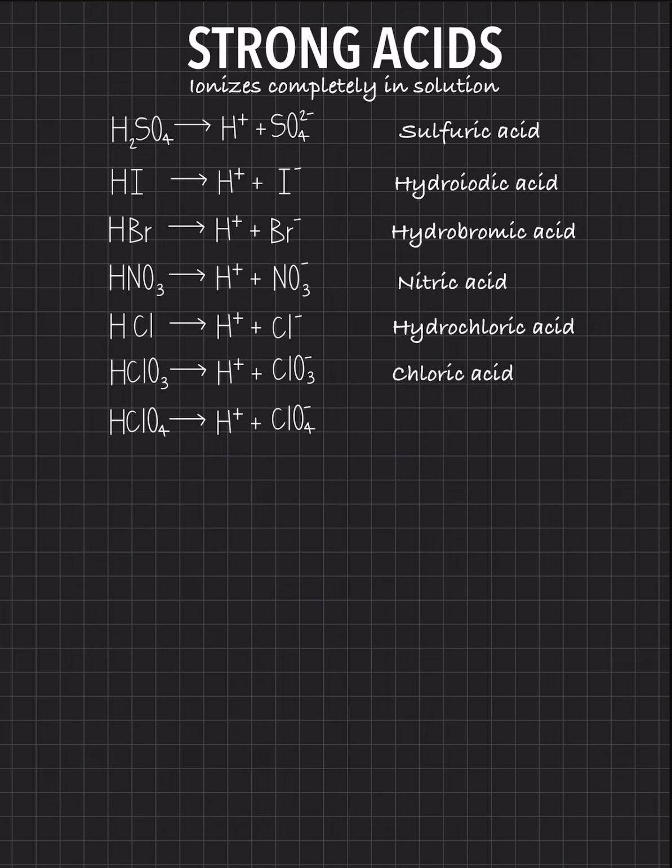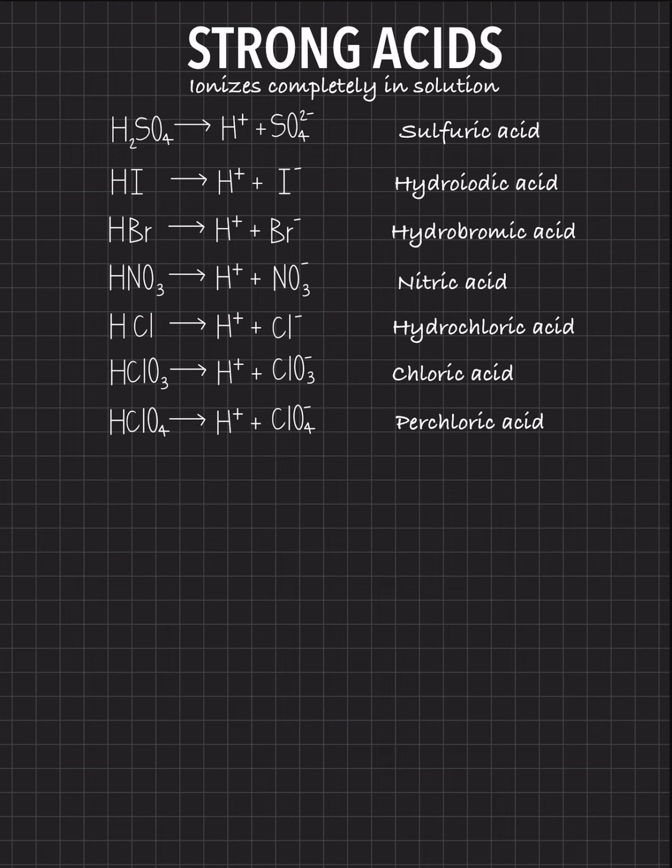And the way that I like to remember ClO4 is, the answer is perchlorate, just ClO4-. And then the acid is perchloric acid, which means it has the HClO4, it has the hydrogen.